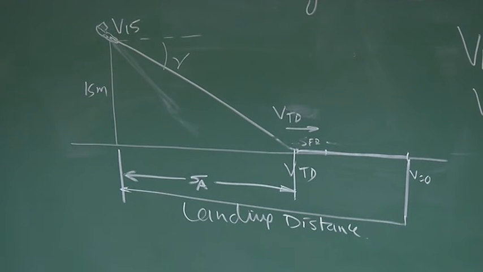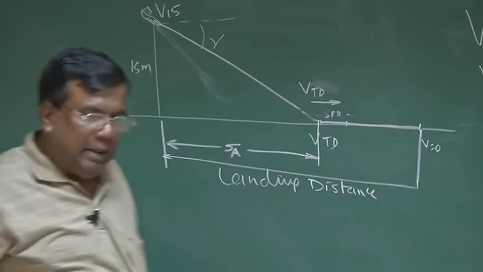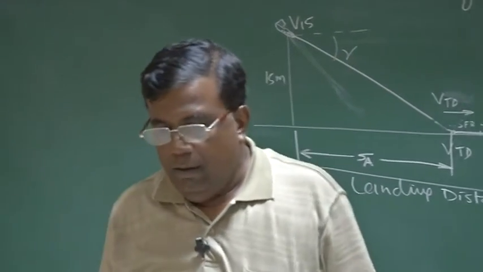Another question comes to our mind. When I'm calculating V stall, what should be the weight? Because for takeoff distance, we have taken the W takeoff, that is full: airplane with passengers, with complete fuel. But when you are landing after operation, please remember that the weight of the airplane has reduced by an amount equal to the fuel consumed.